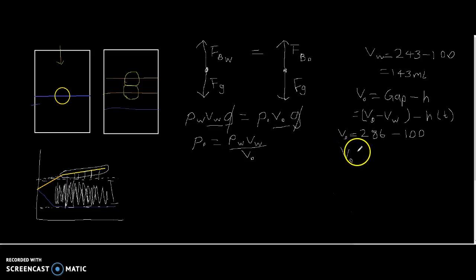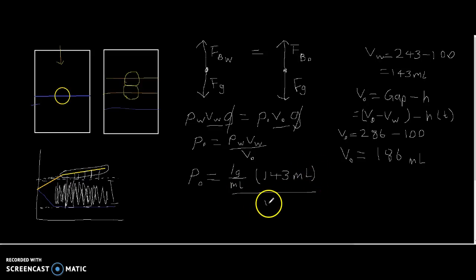So the volume of the oil displaced is 186. Putting these numbers into our equation, the density of oil is equal to the density of water, which is 1 gram per milliliter, times 143 milliliters all over 186 milliliters. In the end, we get the density is equal to 0.77 grams per milliliter.